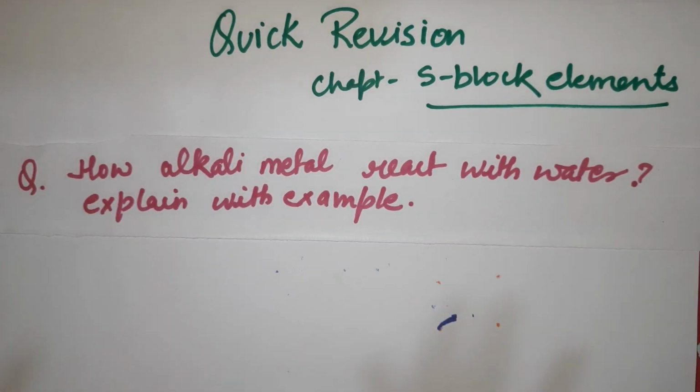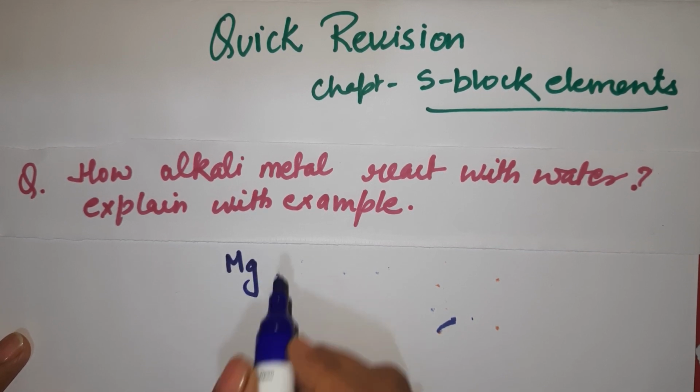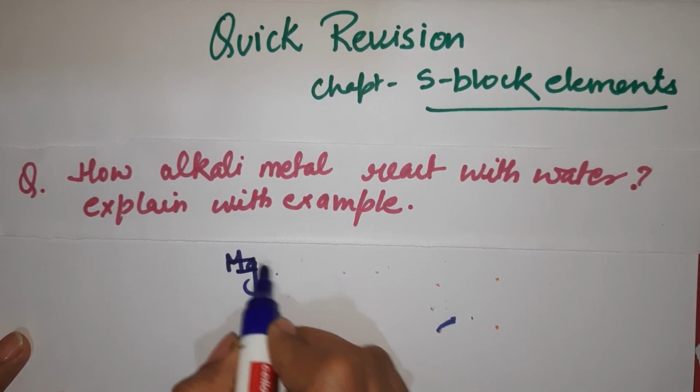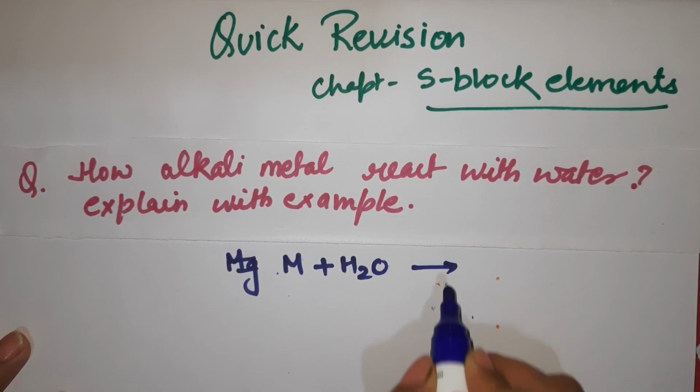Alkali metal reacts with water, explain with example. So you need to understand that if this question is asked, you have to write the reaction also. So any alkali metal, let's say a metal which reacts with water, so they form what?